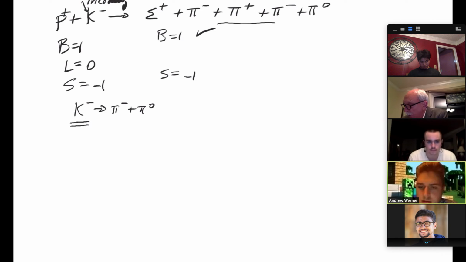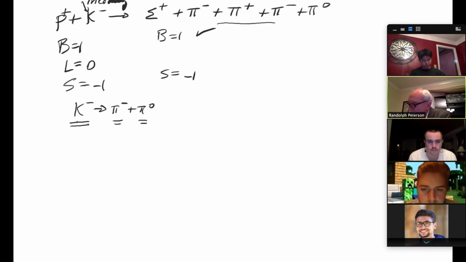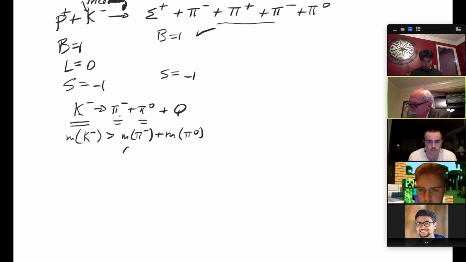Okay, so this can't move. If we put ourselves in its center of mass frame, it's not moving. So it's got to have more mass than this side, because when this decays, these will also have some kinetic energy. If the K minus mass is not bigger than the two masses on the other side, then your Q for the reaction is less than 0.